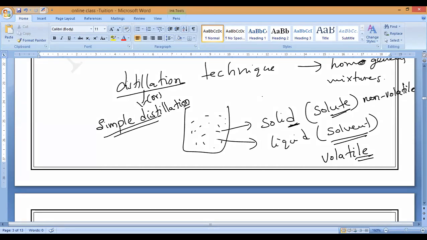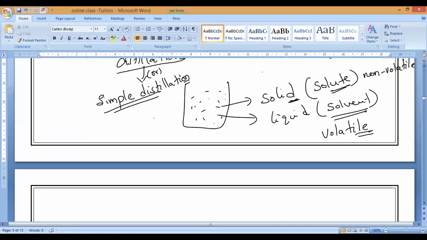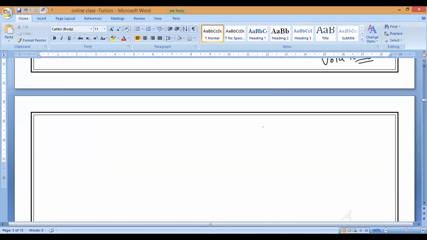Is it okay, guys? Understand? Maybe someone will ask me, sir, if both solute and solvent are volatile substances, then what will happen? What do you mean by volatile, guys?